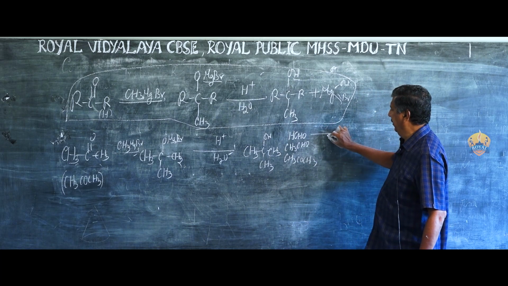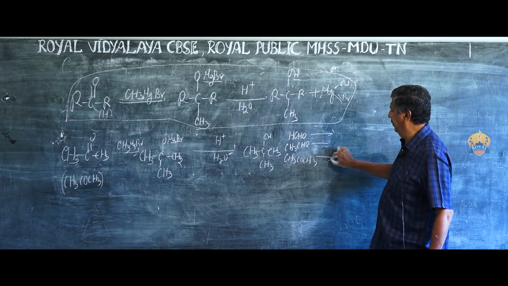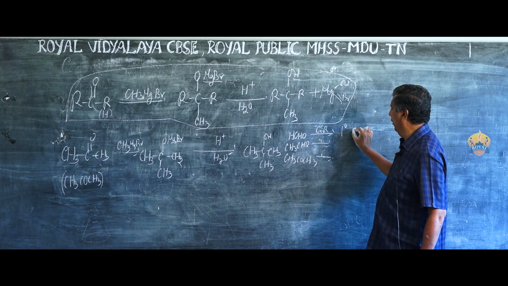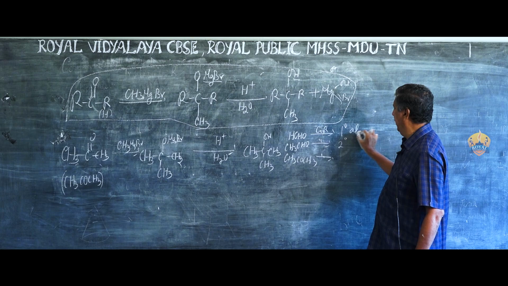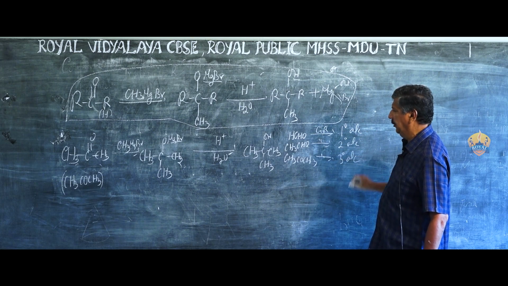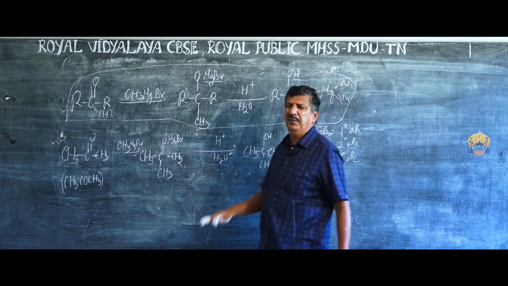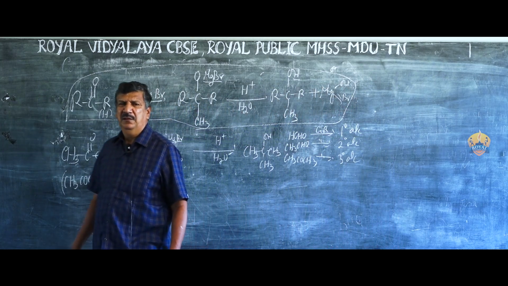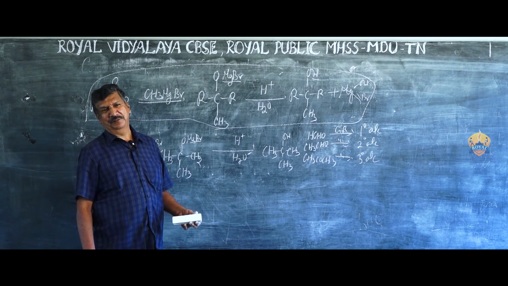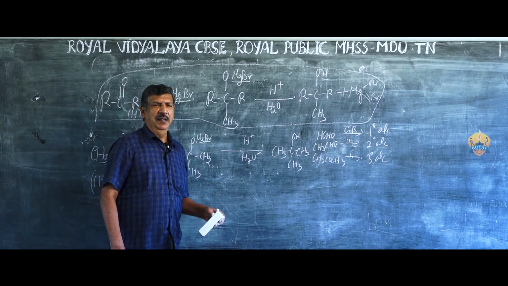When you treat with Grignard reagent, we are getting primary alcohol, secondary alcohol, tertiary alcohol. You see, this is the concept. This will be very useful for conversion. Okay.